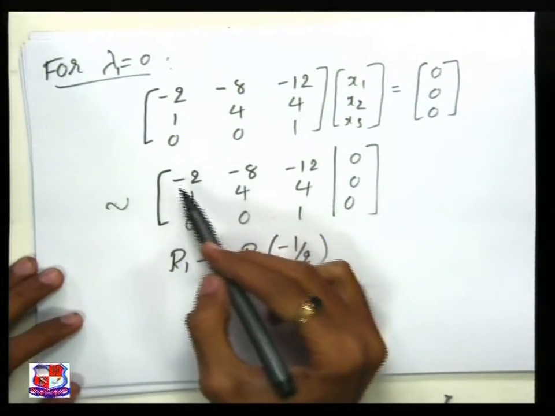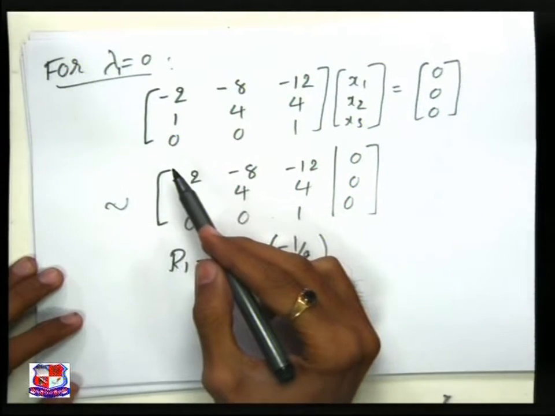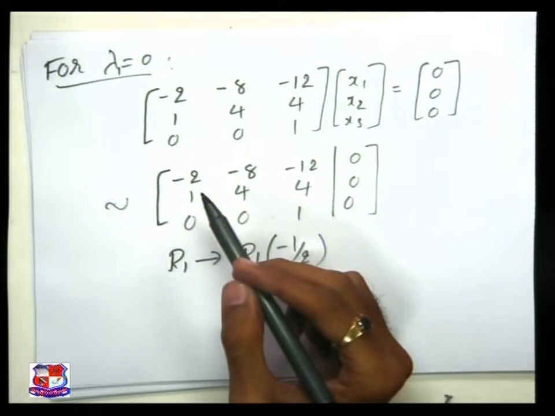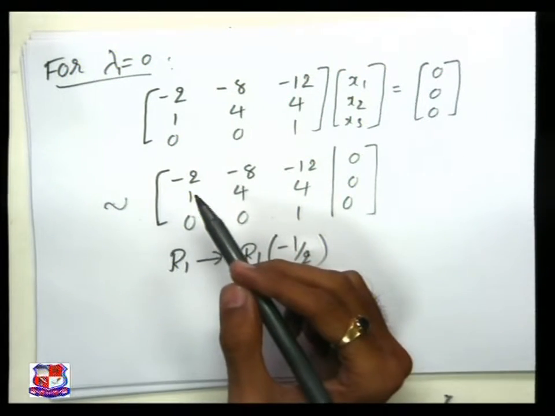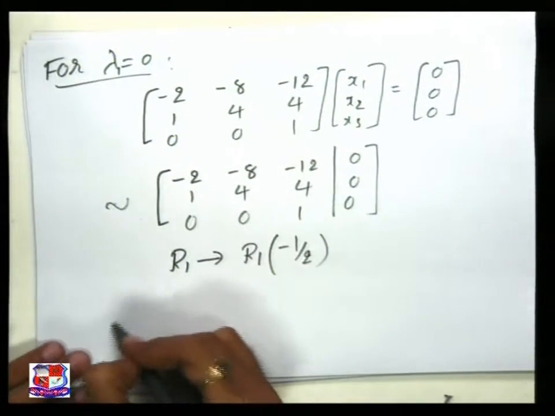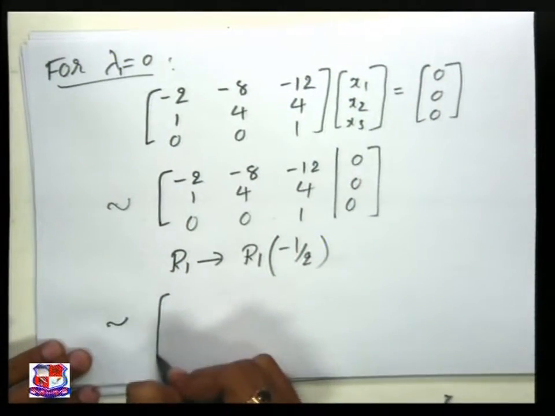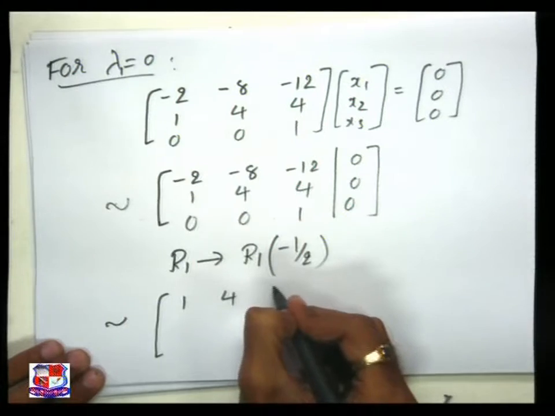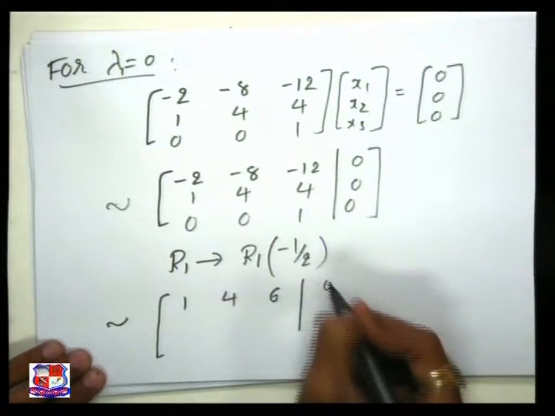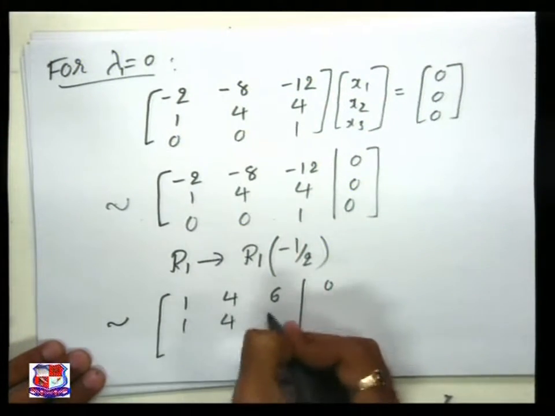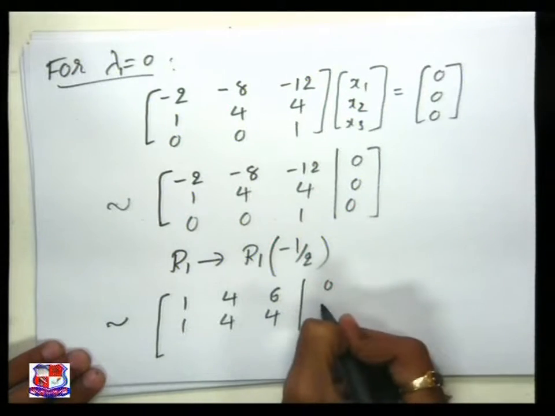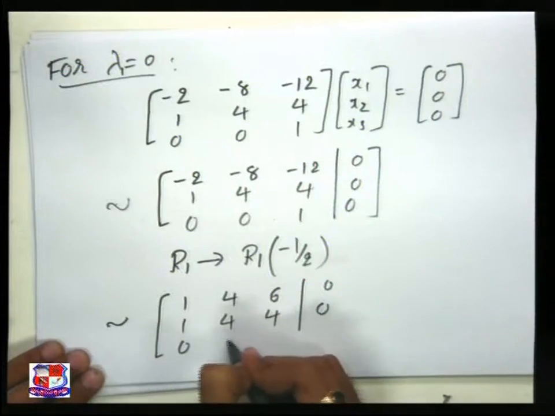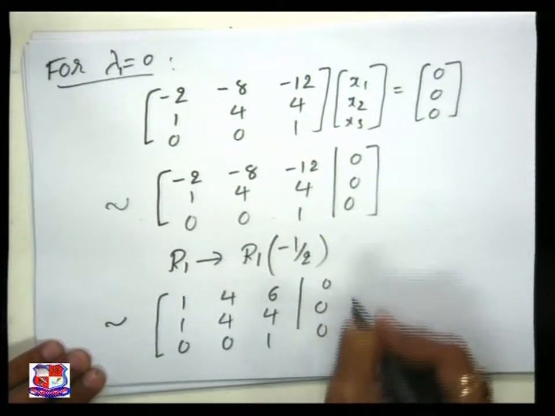Then I will get 1, 4, 6, 0; 1, 4, 4, 0; and 0, 0, 1, 0.